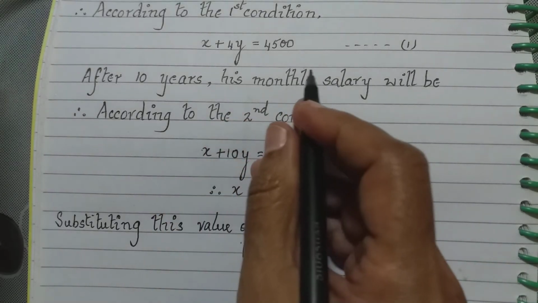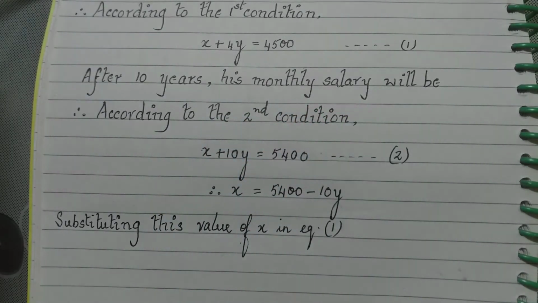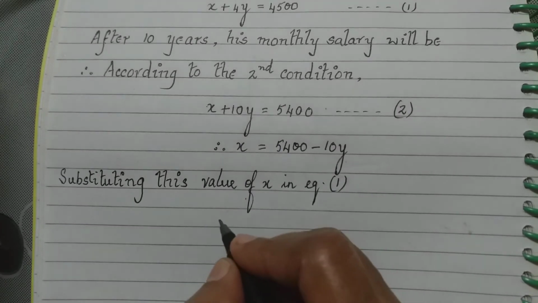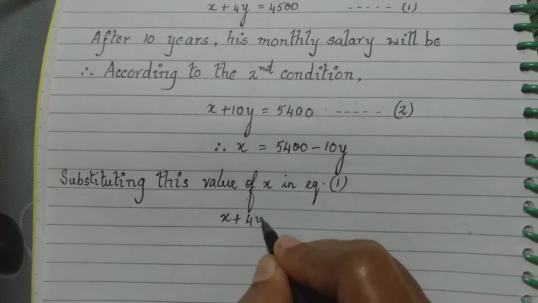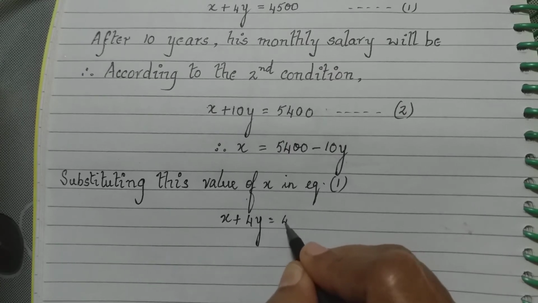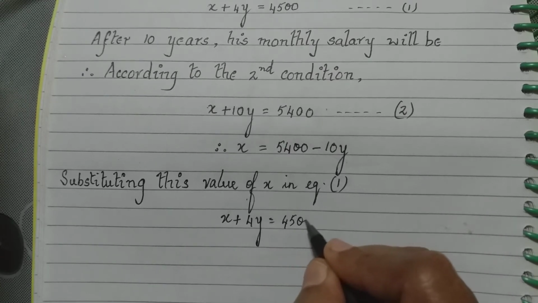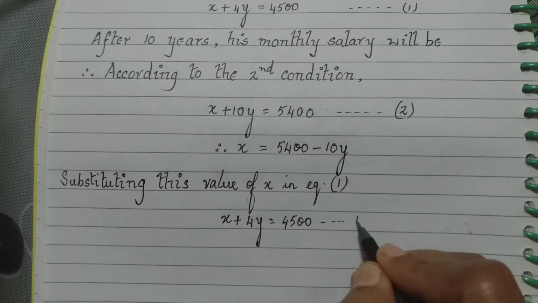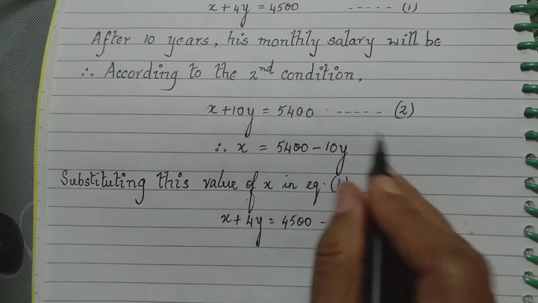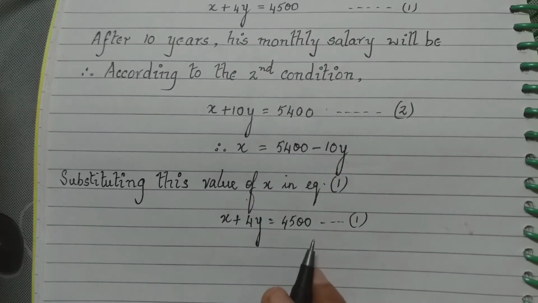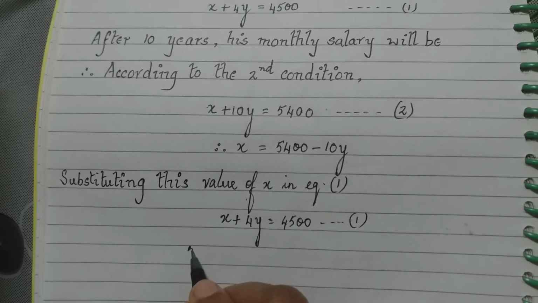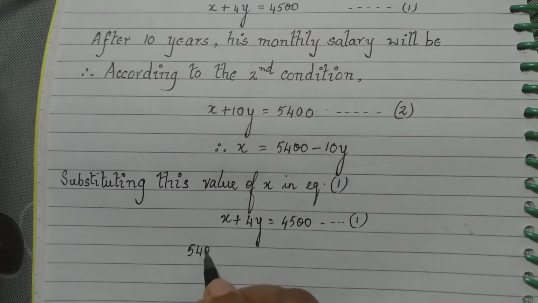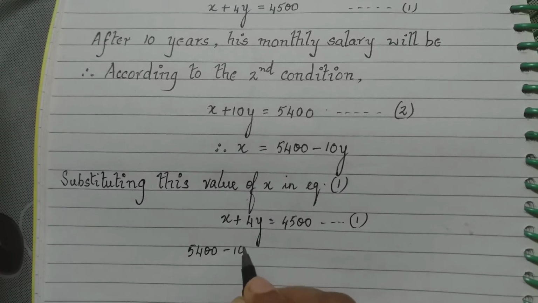Now equation 1 is X plus 4Y is equal to 4,500. In place of X I have to write 5,400 minus 10Y. So here this becomes 5,400 minus 10Y.